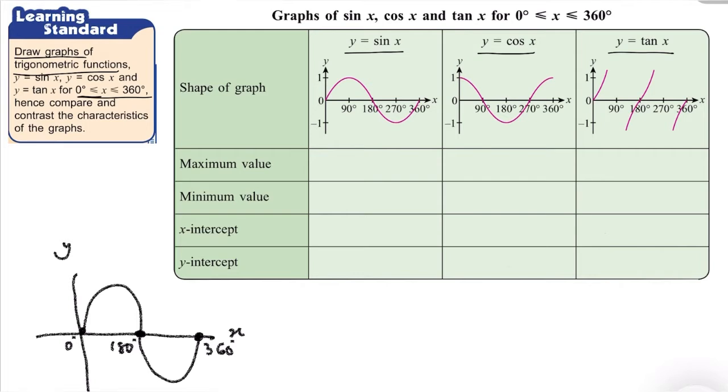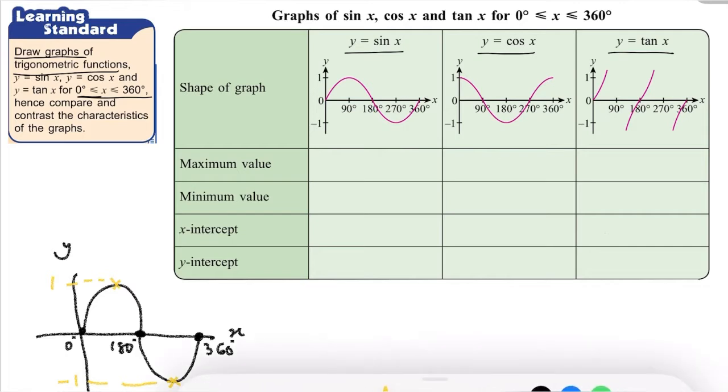Okay, next, my maximum value is this point, which is 1, and my minimum value is here, -1.